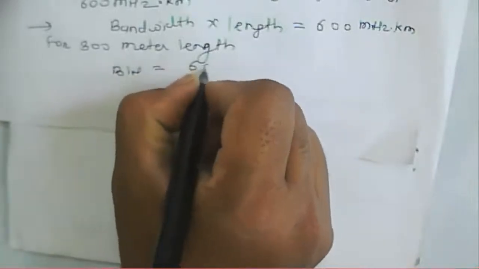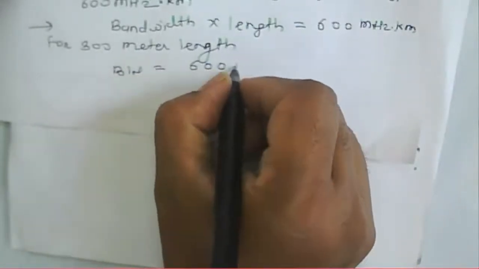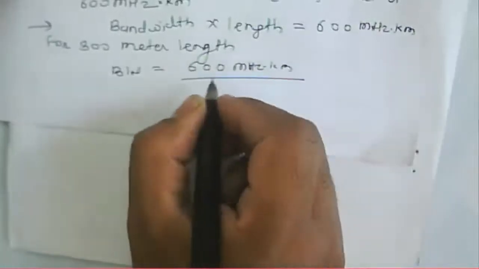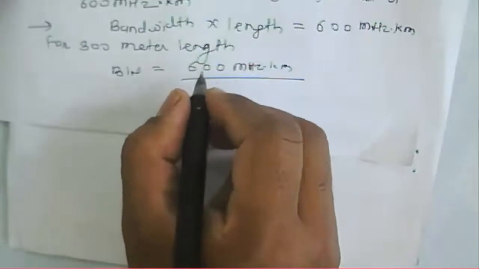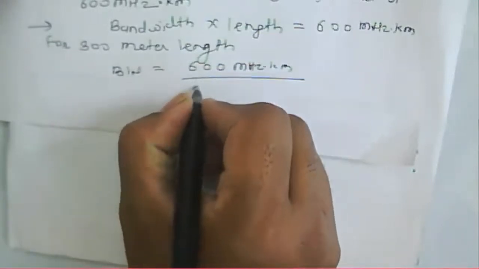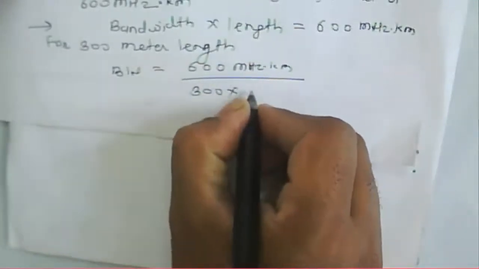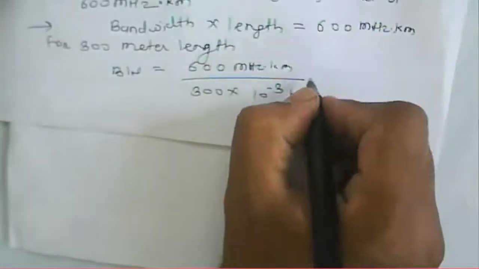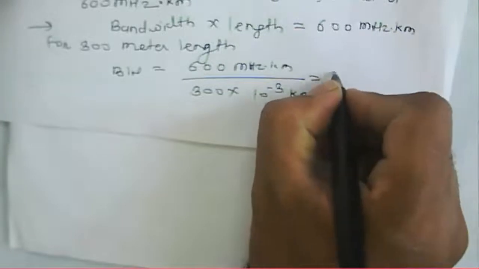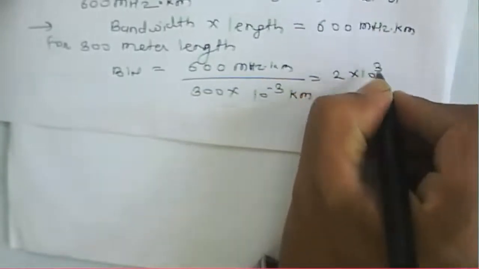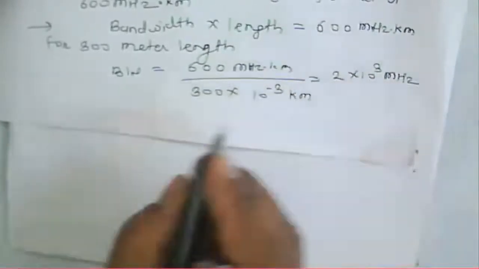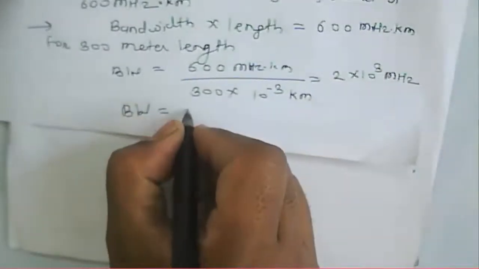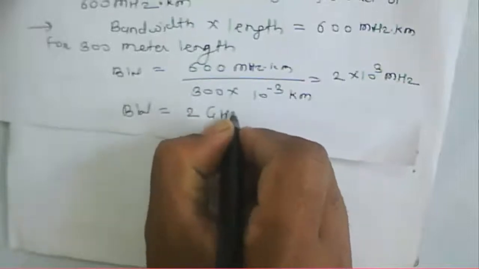The bandwidth length product, that will be 600 megahertz into kilometer divided by 300 meter. We can calculate in terms of kilometers. So 10 to the power minus 3, that will be the kilometer. So it will give us 2 into 10 to the power 3, that will be the megahertz. So bandwidth will be 2 gigahertz.